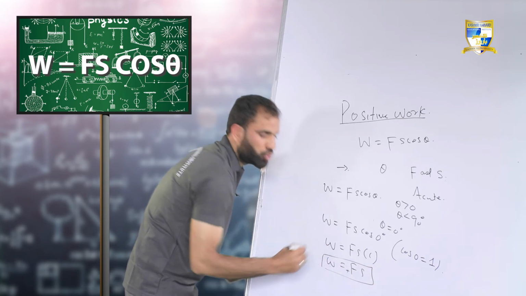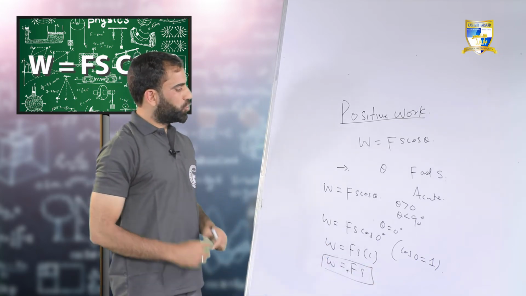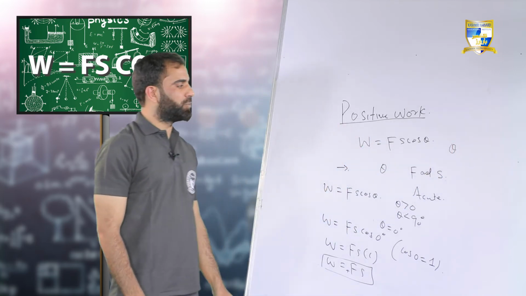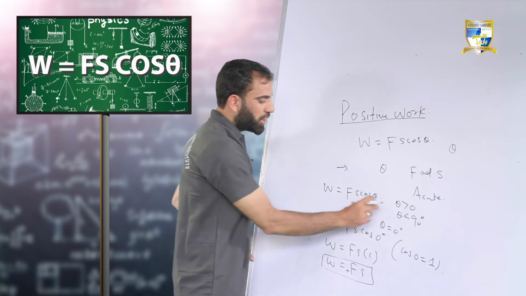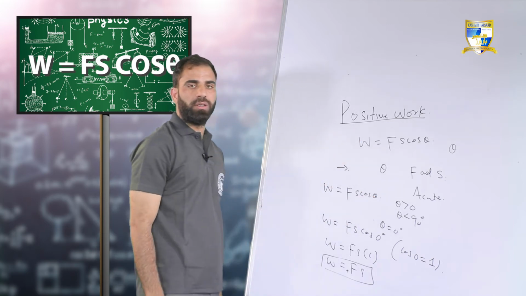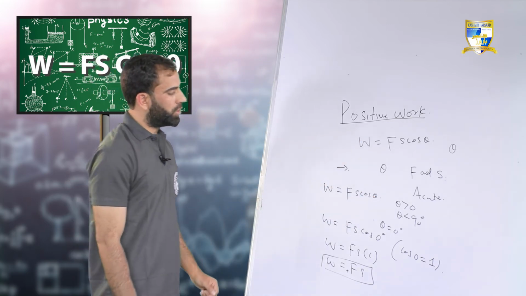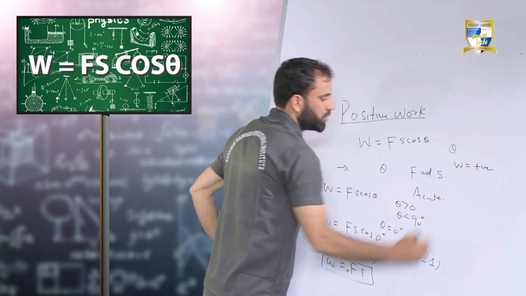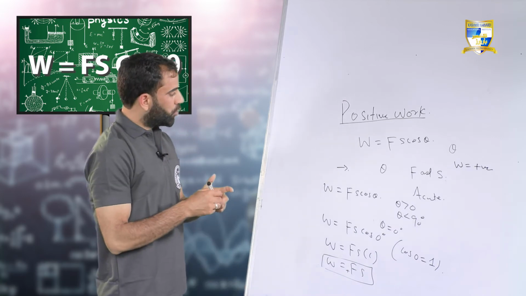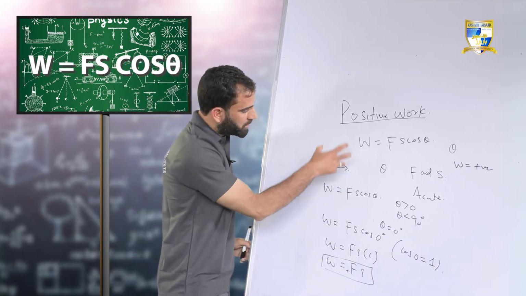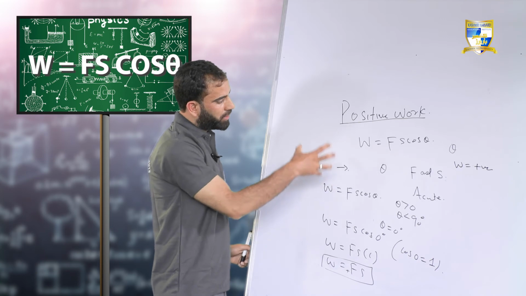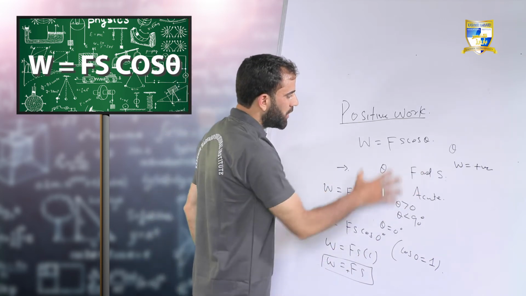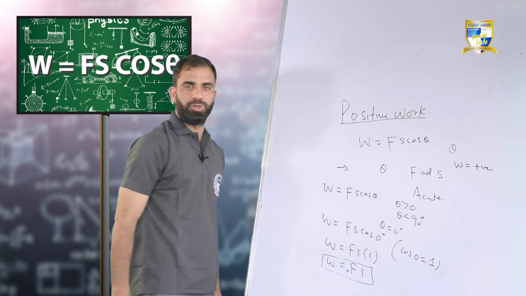So this is positive work. So what is positive work? If the theta created between force and displacement is acute, that is, less than 90 but greater than 0, then my work will be positive. So we have explained this on the basis of theta. If the angle created between force and displacement is acute, then our work done will always be positive.